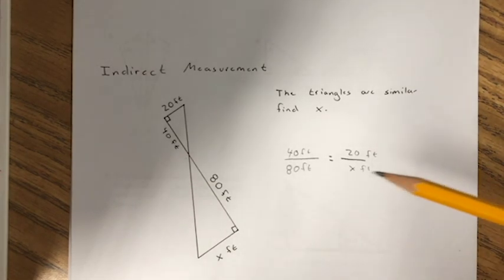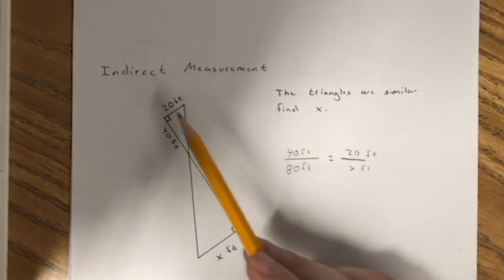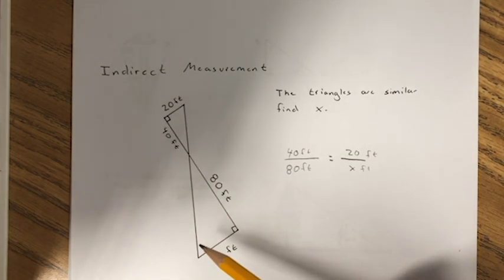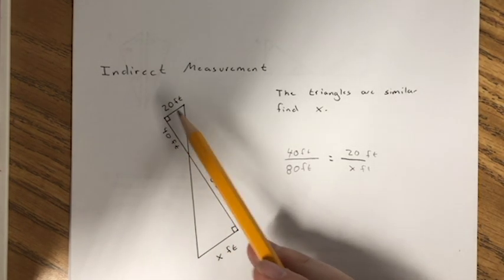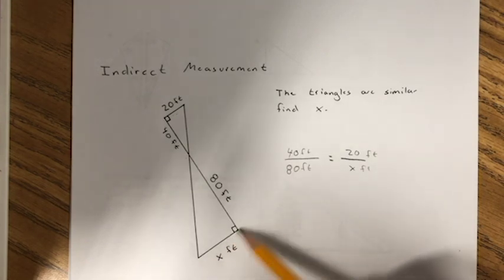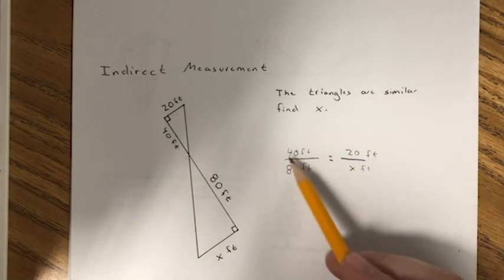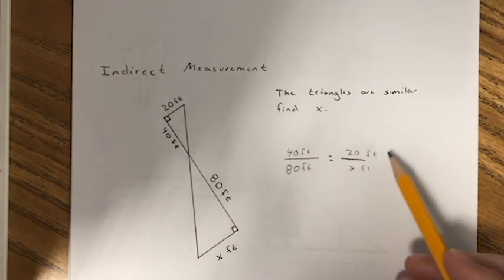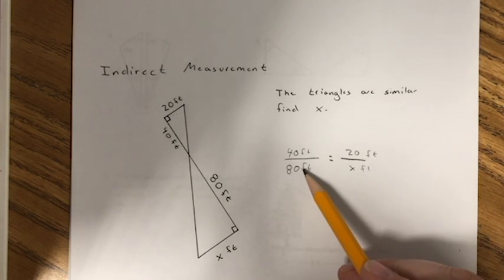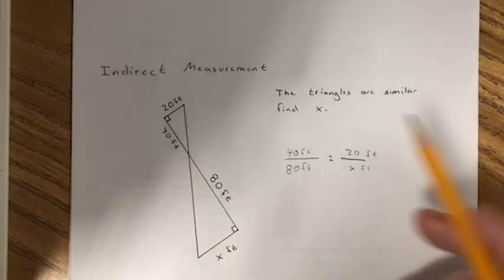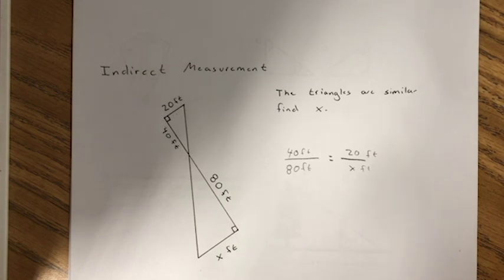Now with that concept, we do the same thing with the other corresponding sides. So this 20 foot corresponds to this x feet. This is our small, this is our big. What's on top stays on top. What's on bottom stays on bottom.